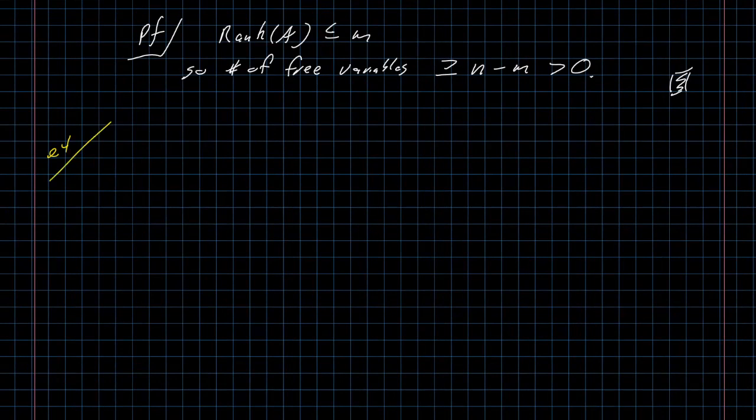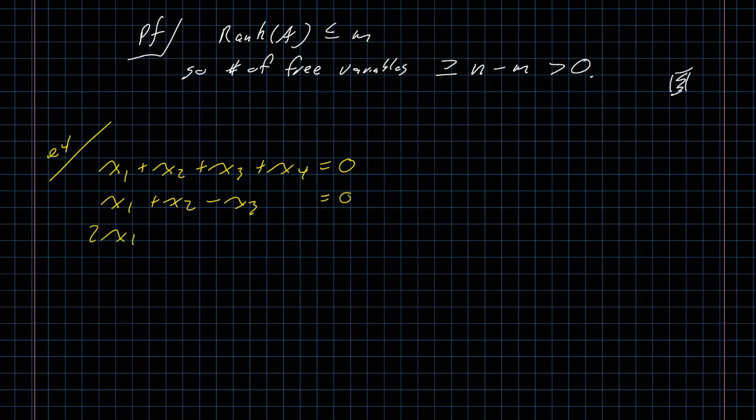Let's take a look at another homogeneous system. x1 plus x2 plus x3 plus x4 is equal to 0. x1 plus x2 minus x3 is 0. 2x1 plus 3x2 is 0.